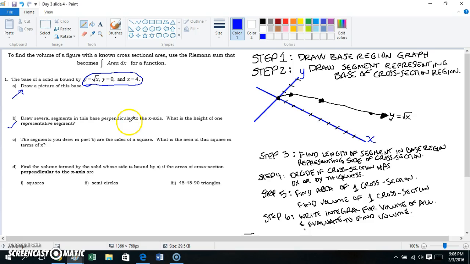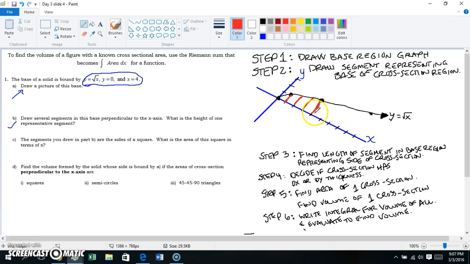Second step is to draw several segments in this base that are perpendicular to the x-axis. So these segments perpendicular to the x-axis have a length that will reach up to that curve.